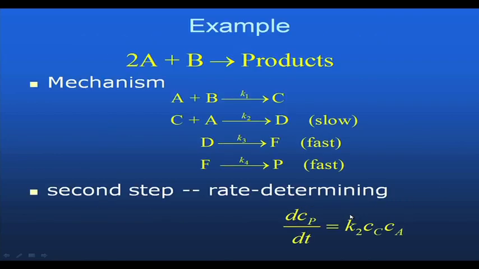Okay. So, let us have an example: 2A plus B giving rise to products, and suppose the mechanism of such a process is like this.